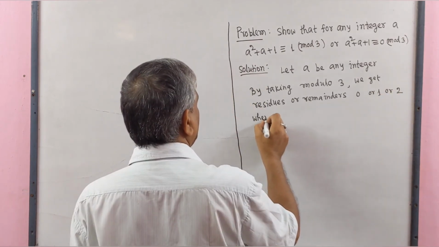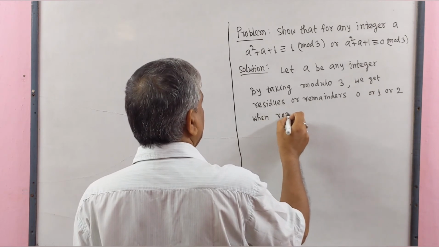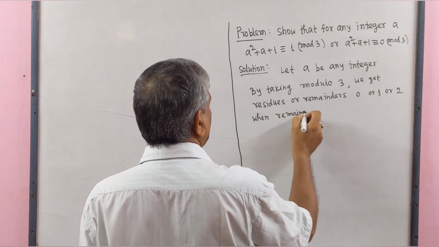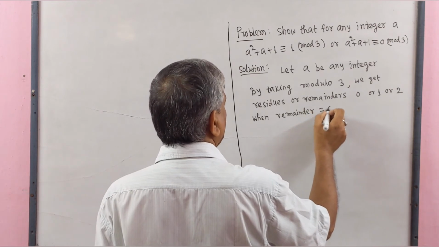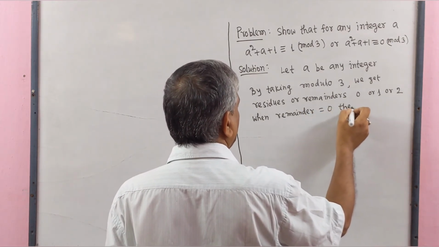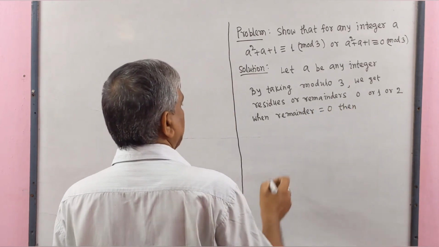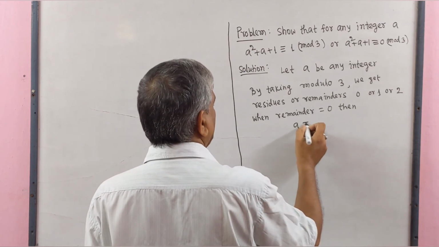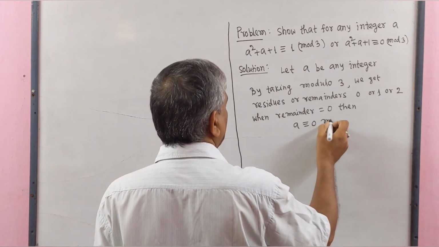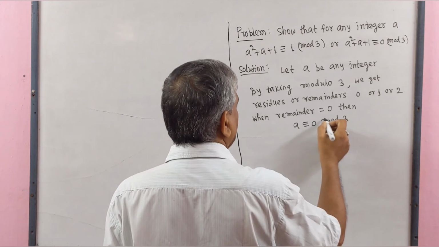When the remainder equals 0, then a is congruent to 0 modulo 3.